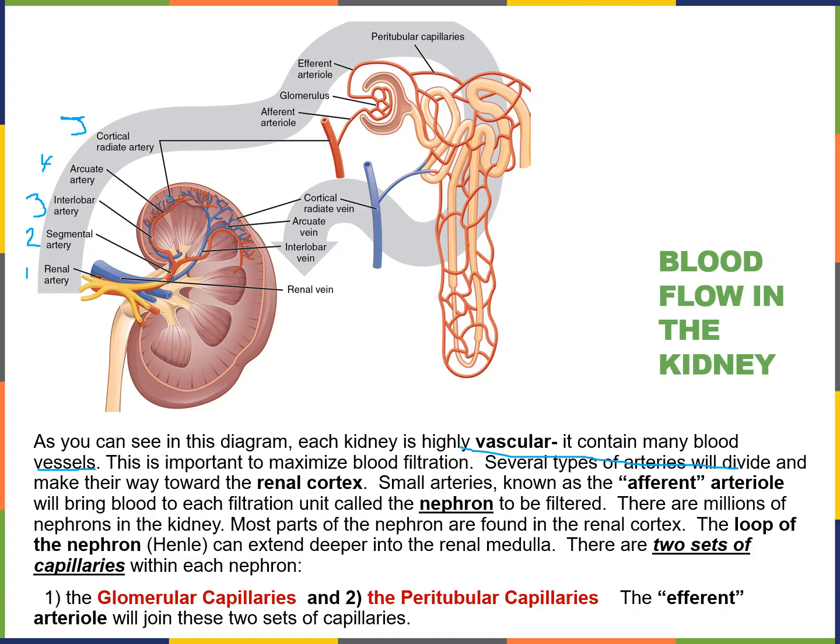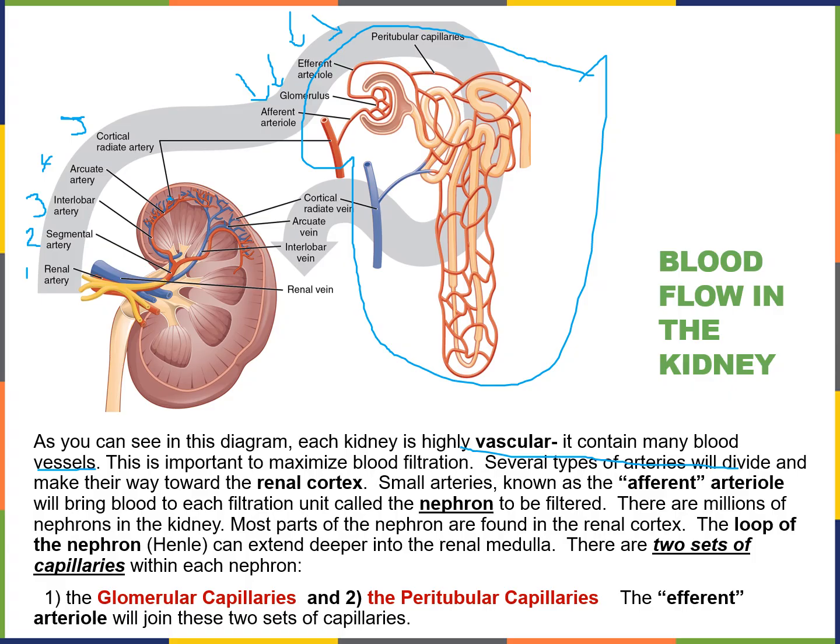The blood vessels that we want to pay most attention to are these, something called an afferent arteriole, something called a glomerulus, something called an efferent arteriole, and the peritubular capillaries. So this entire structure that is being shown here is a nephron, with its accompanying blood vessels.